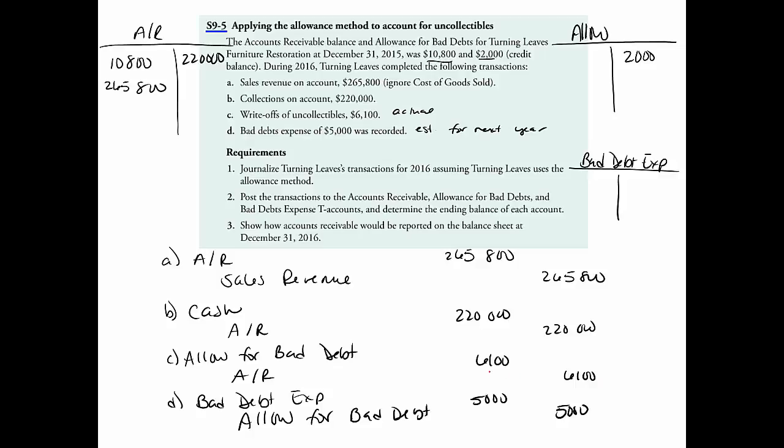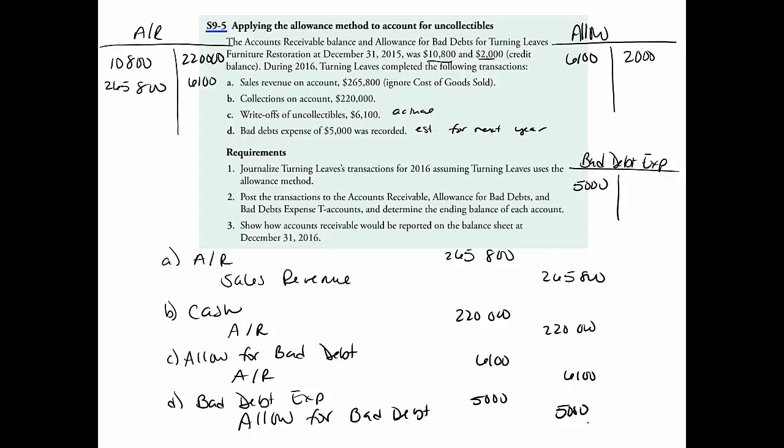In the third one, I debited the allowance account $6,100 and credited accounts receivable $6,100. So I transfer this debit up here to the allowance account, and this credit over here to the accounts receivable account. And then in transaction D, I debited bad debt expense $5,000, so I'll put this $5,000 up here.